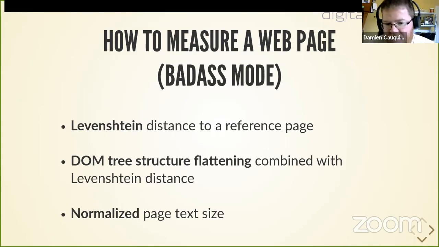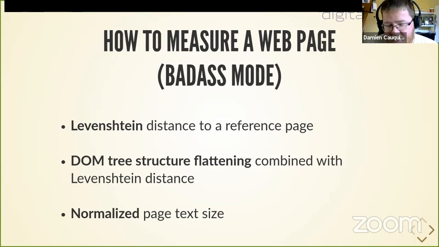You can also analyze the document object model structure by flattening this structure and comparing it with the reference structure by measuring the Levenshtein distance between them. And you can also get the size of the normalized page text. So you strip all the tags and keep only the text that is displayed on the web page, and then you get the size of this.